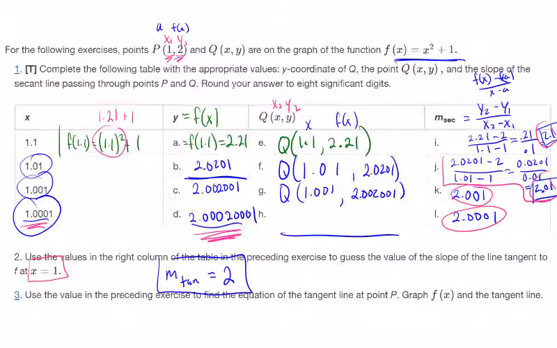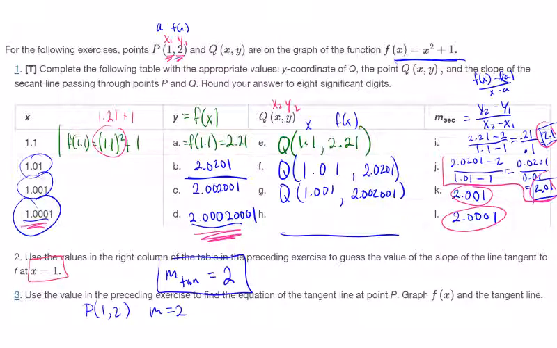Number 3, use the value in the preceding exercise to find the equation of the tangent line at point P. Graph f of x and the tangent line. So for this one, if I want to find the equation of the line, remember that we can use point-slope form. I'm going to use this point, P(1, 2), and I'm going to use the slope here, m equals 2.